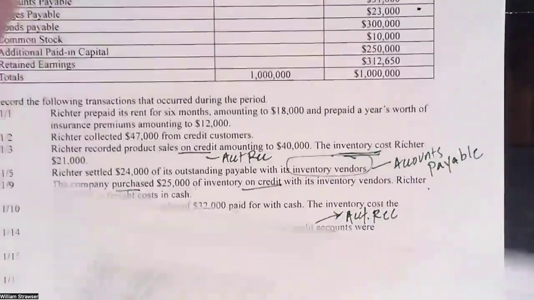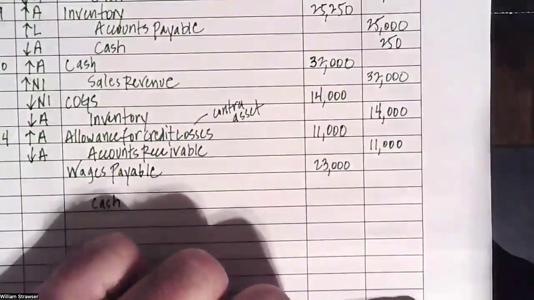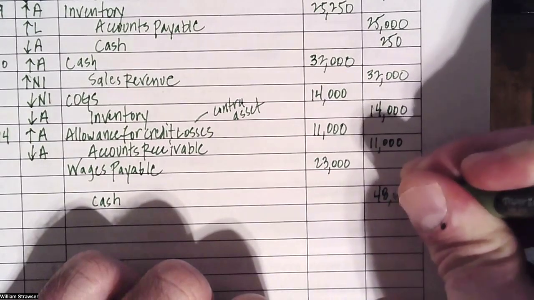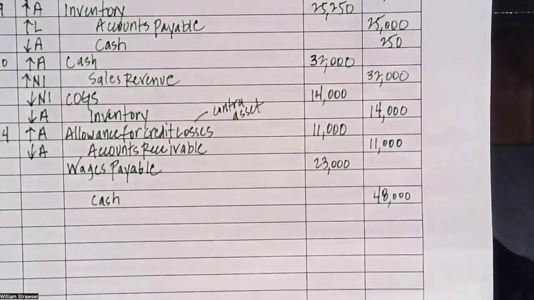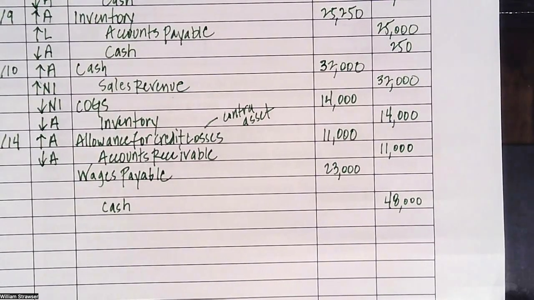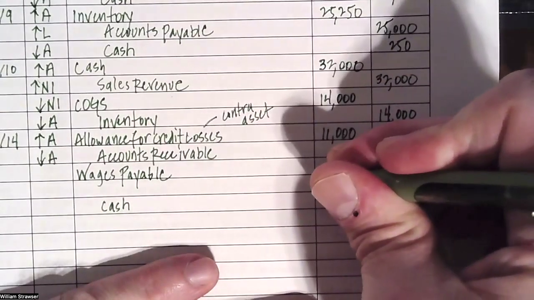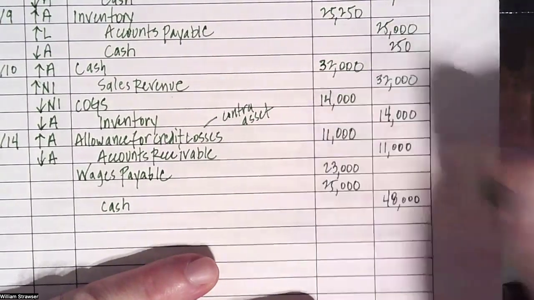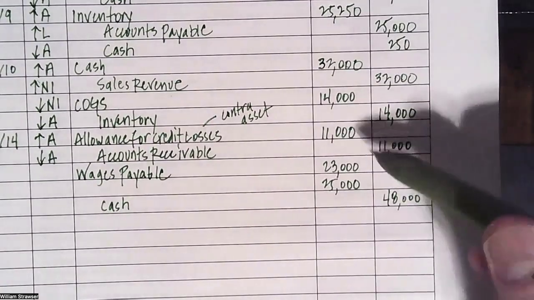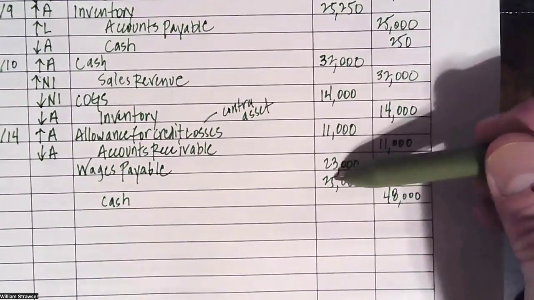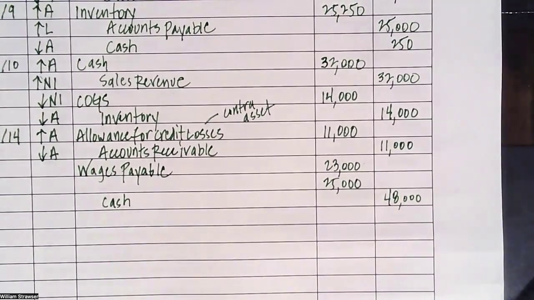So, in order to record the work they did in the first half of January, we need an additional debit because we paid $48,000 to our employees. We owed them 23. So, the amount they must have earned during this first half of January was 25, the missing amount, right? 23 from the prior. We paid 48 in total. This must have been the amount they earned.